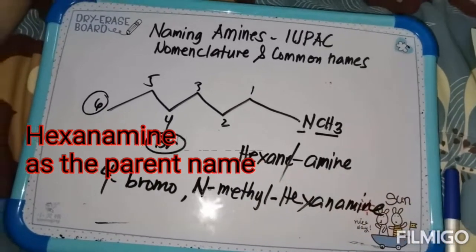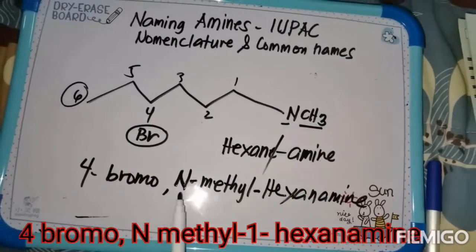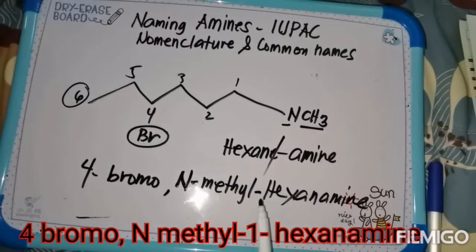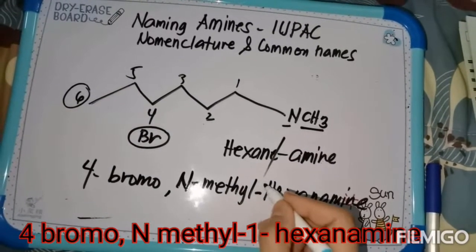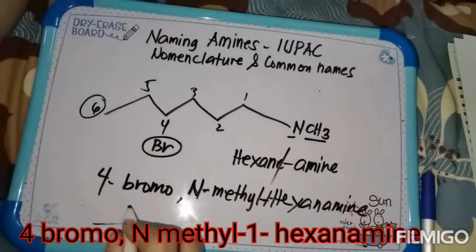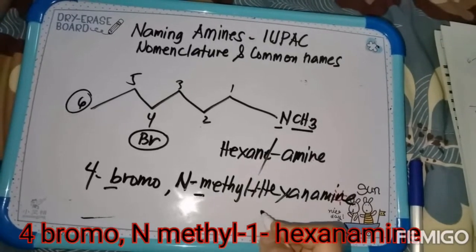Okay, so 4-bromo, N-methyl, and hexanamine. So we number 1 for hexanamine. B comes before M, and the parent name is hexanamine.